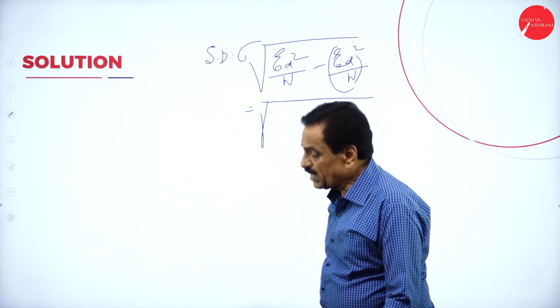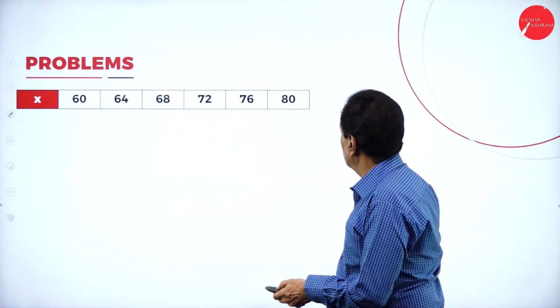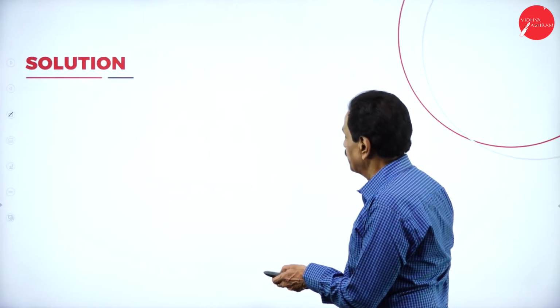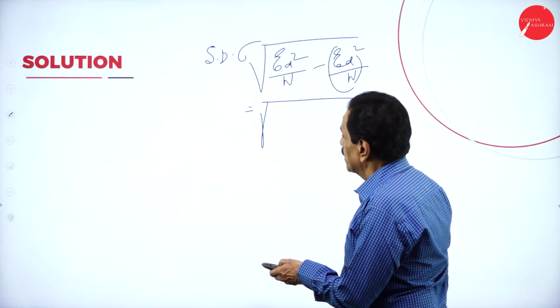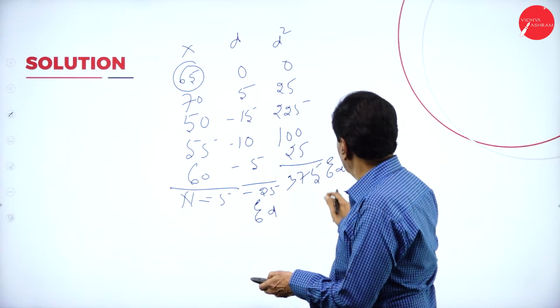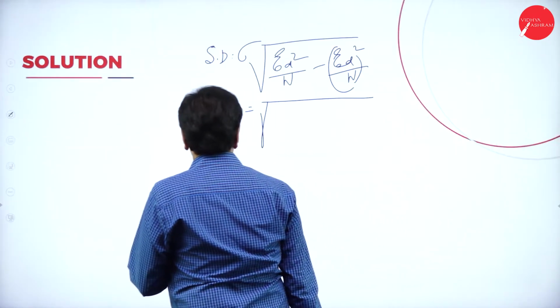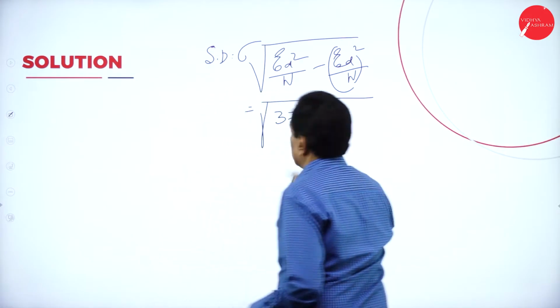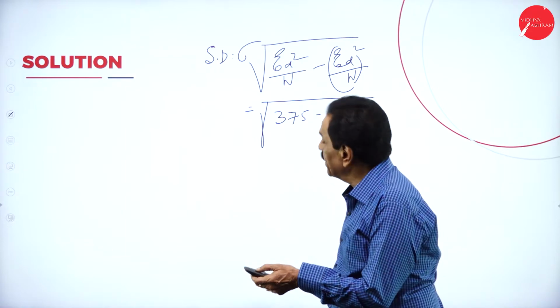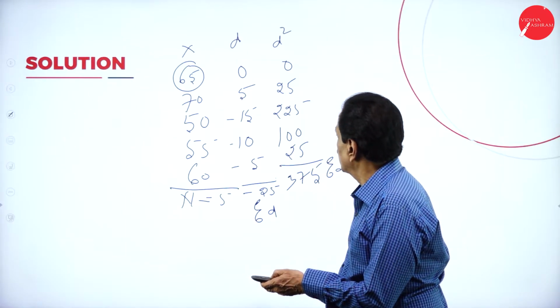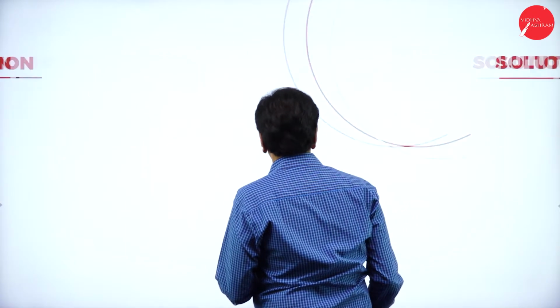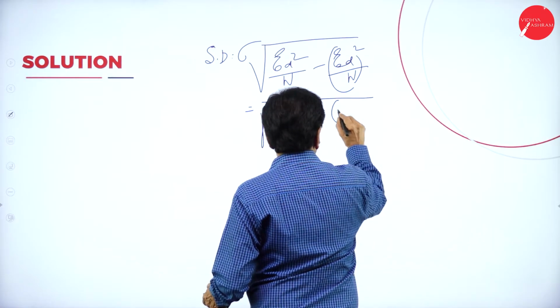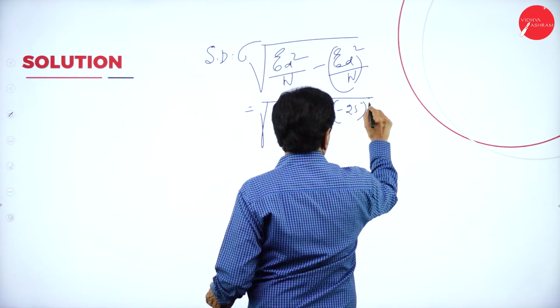What is your sigma d square? See that? You see the problem? What is your sigma d square? 375. 375, minus. What is sigma d? Minus 25, minus 25 whole square.